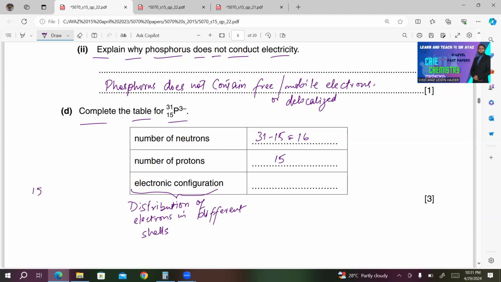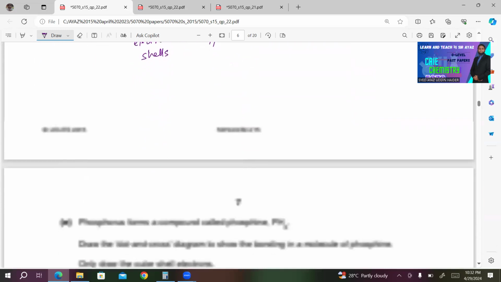But you see there's a 3 minus charge, which means this phosphorus ion must have 3 extra electrons. So I will write 15 plus 3, which becomes 18. So I need to distribute 18 electrons. So it must be 2, 8, 8. This must be the final answer.